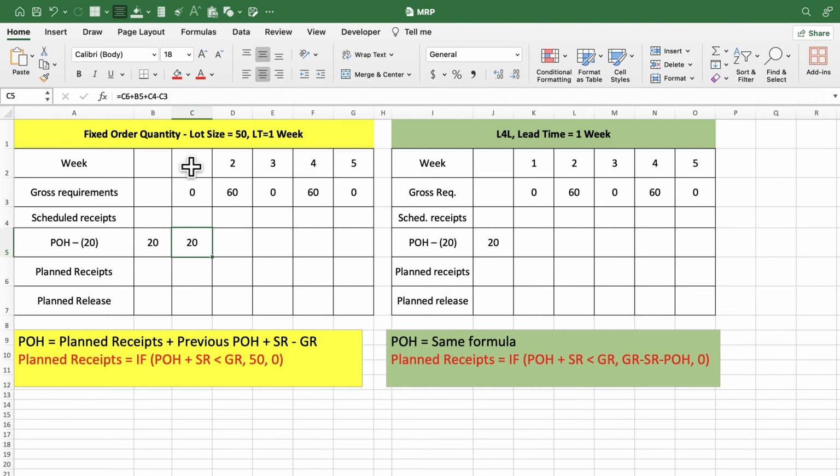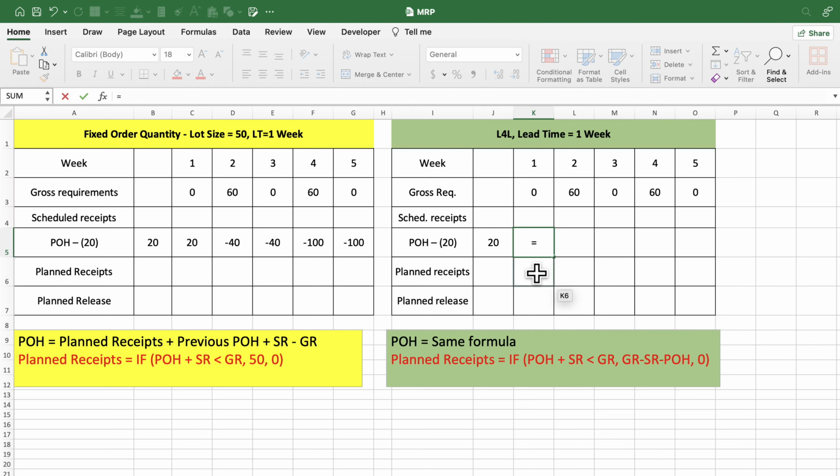In period number 1 there is no consumption, no demand, so the same inventory will remain unused, and then I will drag it to other cells, and I will be using the same approach here, whereby projected on hand becomes planned receipts plus our starting inventory plus scheduled receipts minus gross requirement, and that becomes 20. I will copy it to other cells.